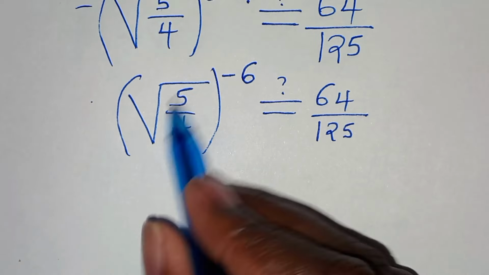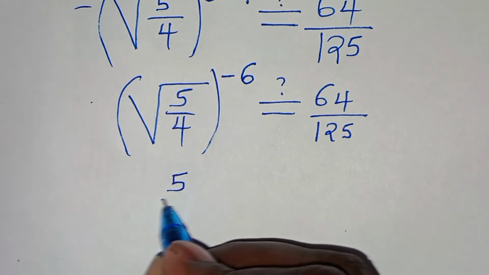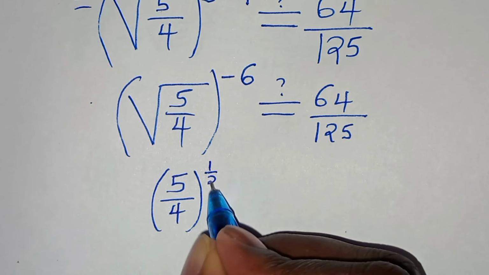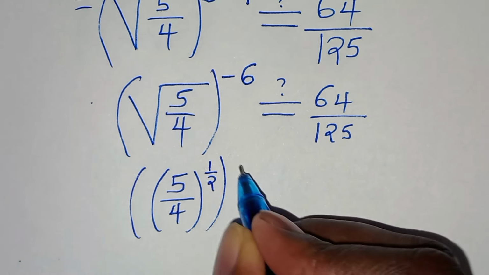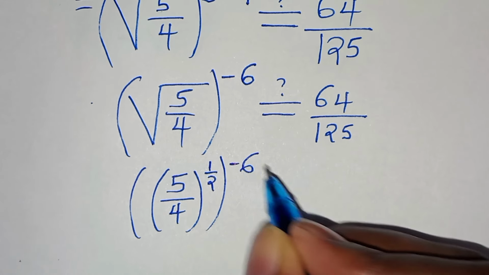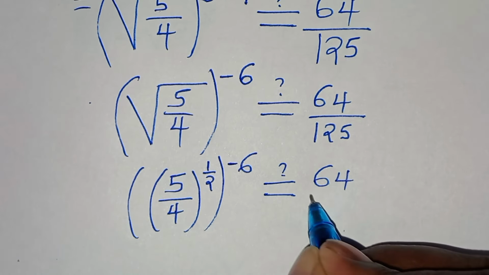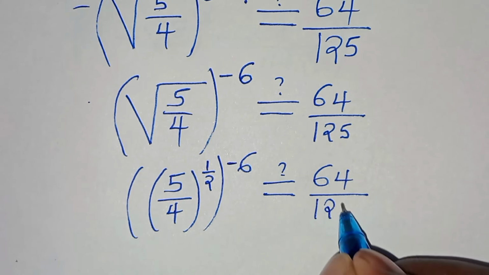The square root of 5 over 4 is 5 over 4 raised to the power of a half, then raised to the power of minus 6.